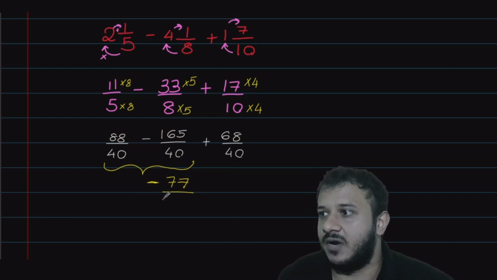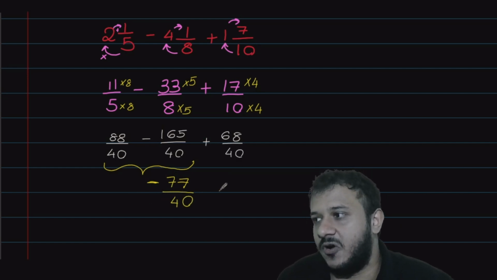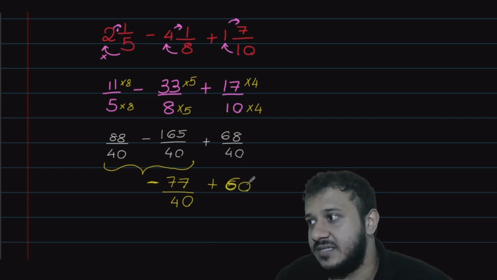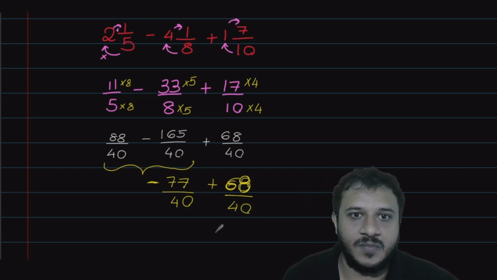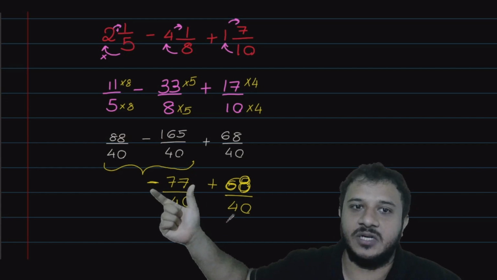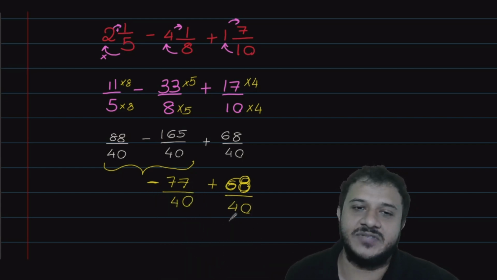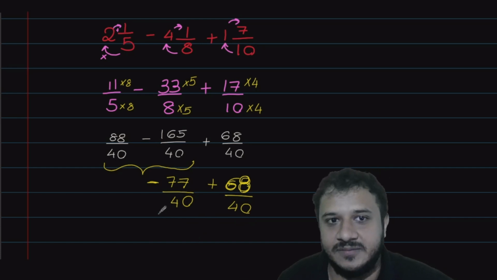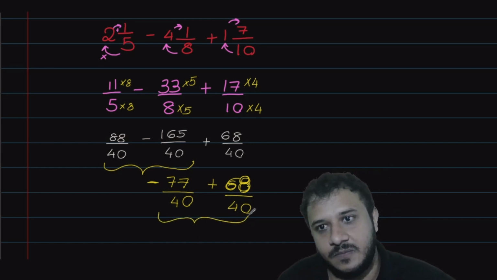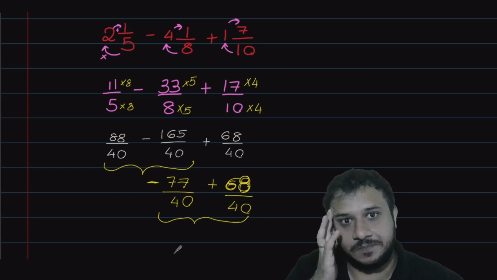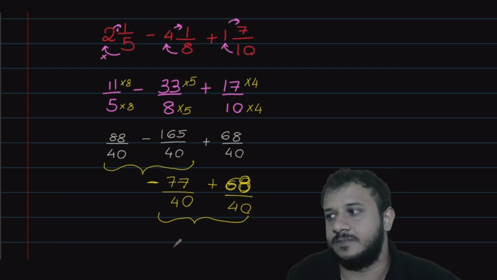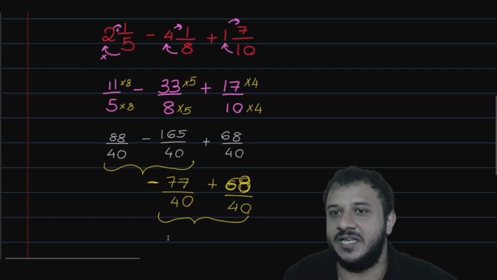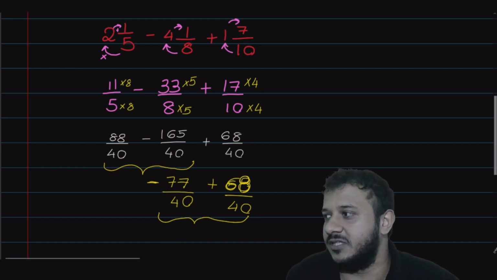Well done. Alrighty. So negative 77 out of 40 with a positive 68 out of 40. Now, can somebody quickly do a negative 77 and a positive 68? What will be my answer? It will definitely be a negative answer again, for sure.